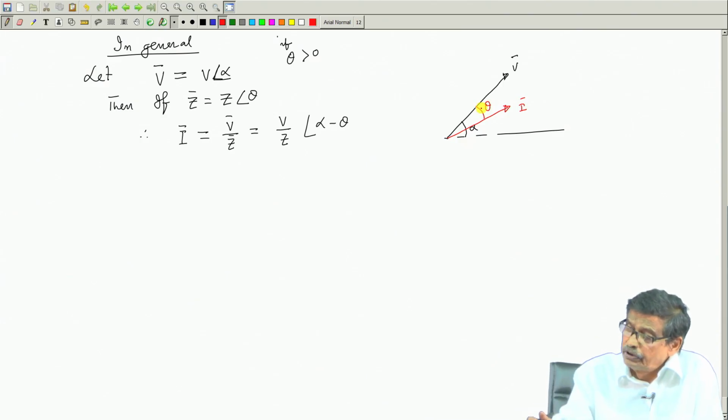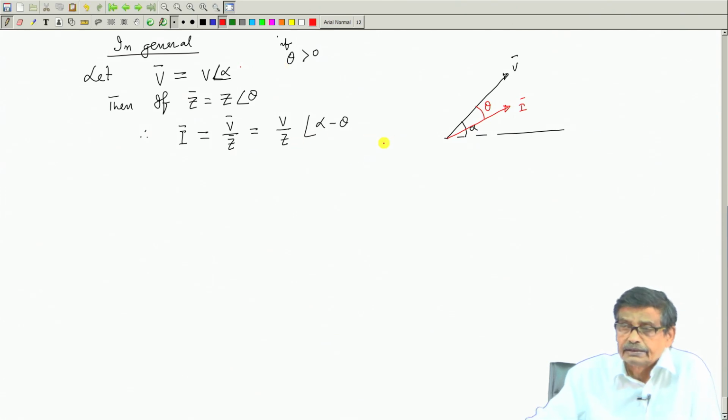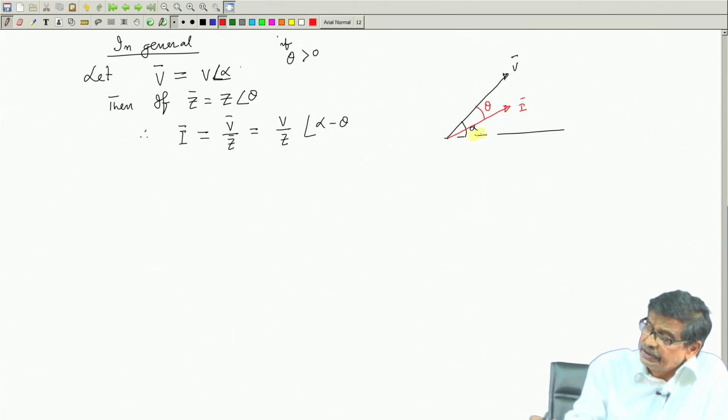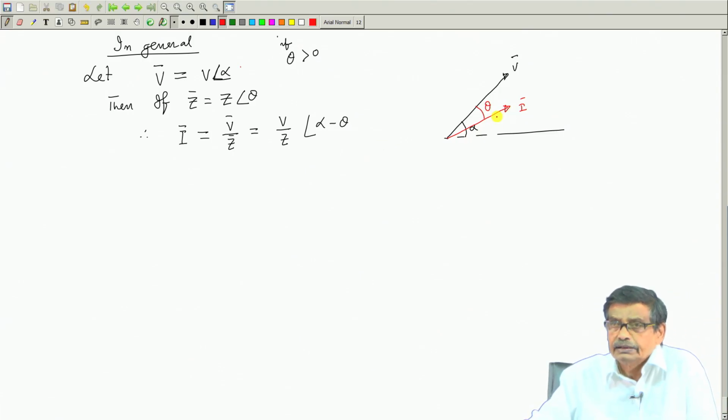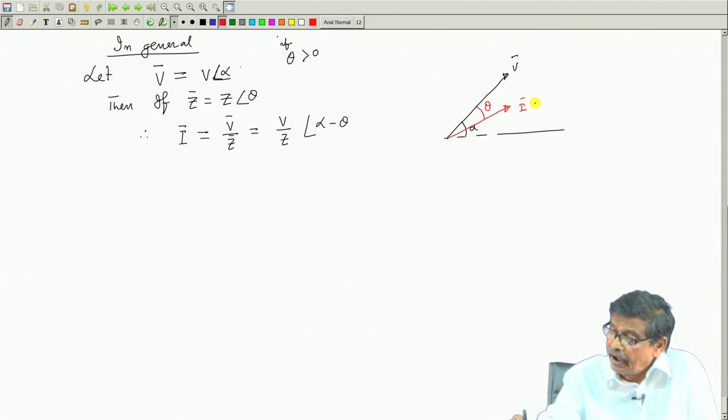So, this is the voltage phasor whose angle is this. Therefore, you see in this case if you calculate V I star, what is I bar? I bar with respect to this reference should be magnitude of I into angle alpha minus theta.